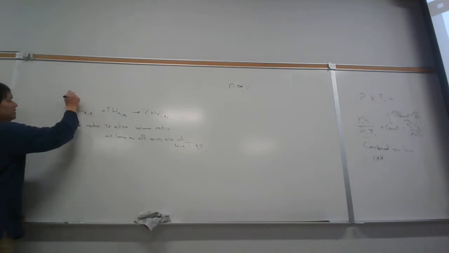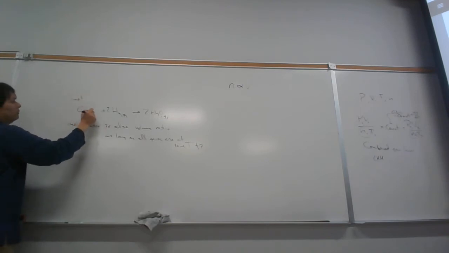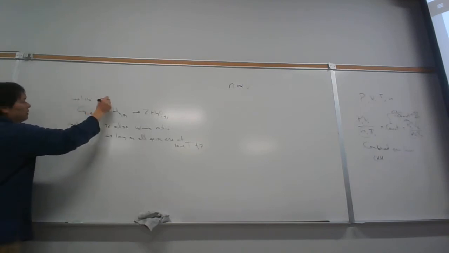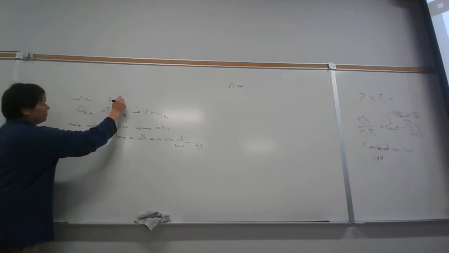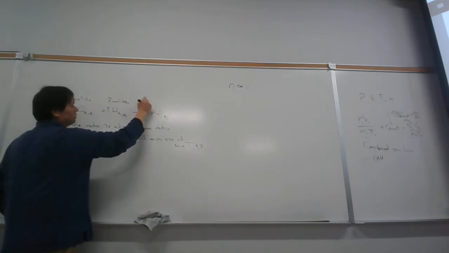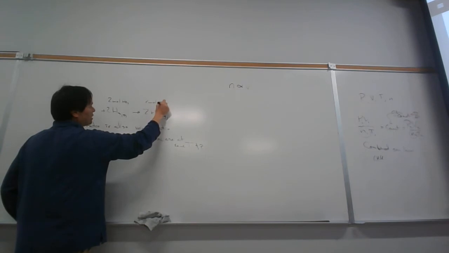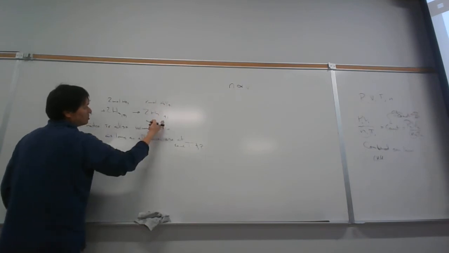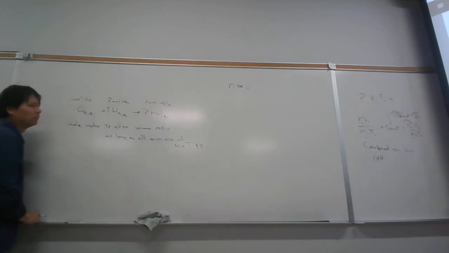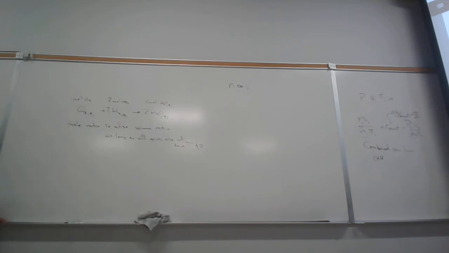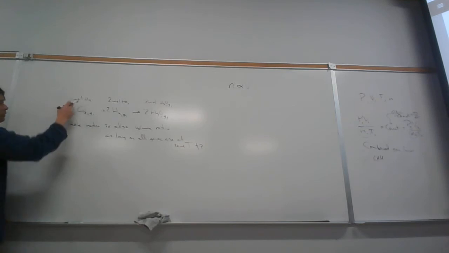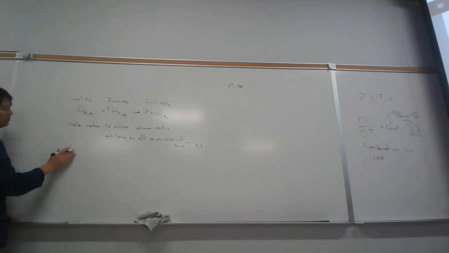And so the mole ratio here is 1 mole of O2 plus 2 moles of H2 yields 2 moles of H2O gas. Normally H2O is a liquid, but in this case, we want it to be a gas. So the volume ratio would be whatever volume you want.